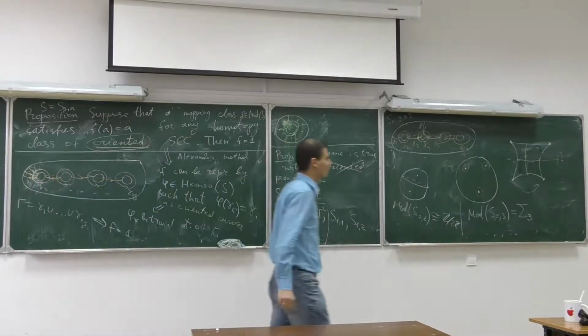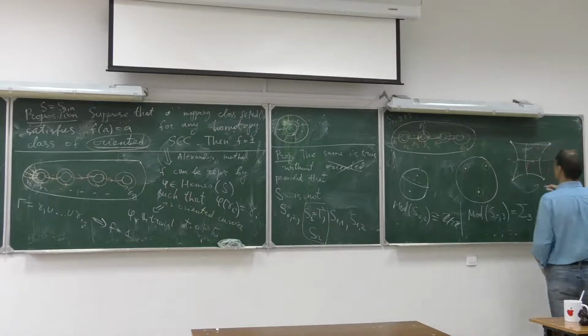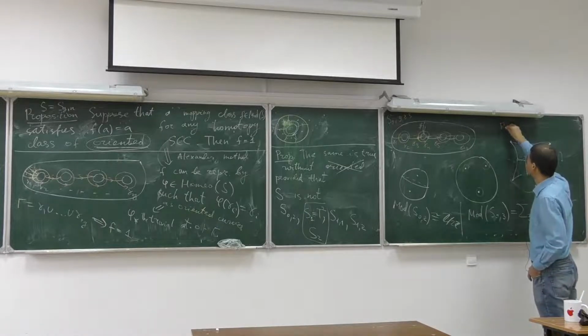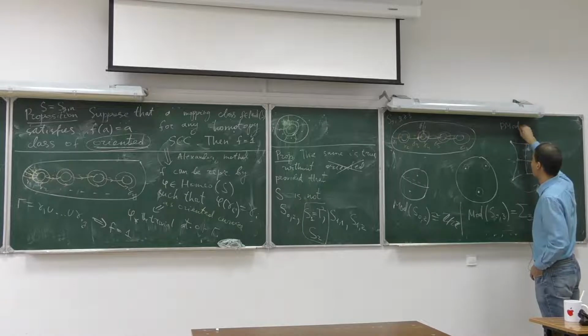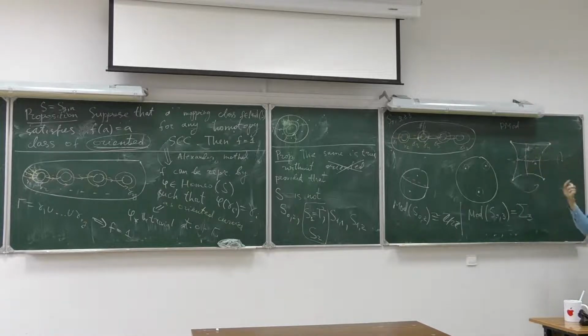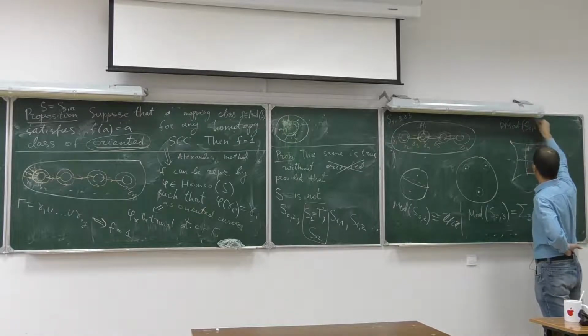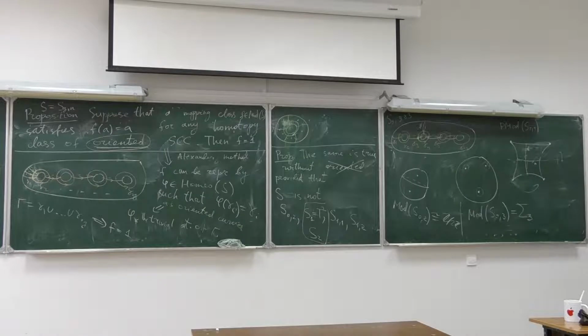First let this be A and this be B, and let us start with describing the pure mapping class group, that is the mapping class group preserving every puncture. What is this?